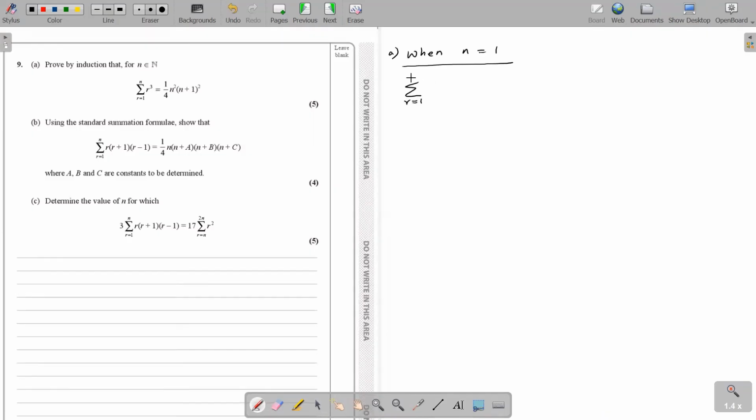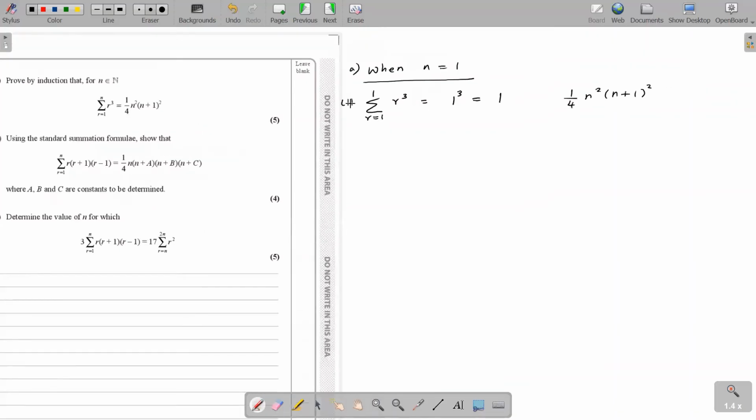Summation r equals 1 to n. We put from 1 to 1 of r cube. How much is it from 1 to 1? Just replace r with 1. 1 cube is 1. Also check the answer when n equals 1. What's the answer for 1/4 n square (n plus 1) square? This is the left hand side. This is the right hand side.